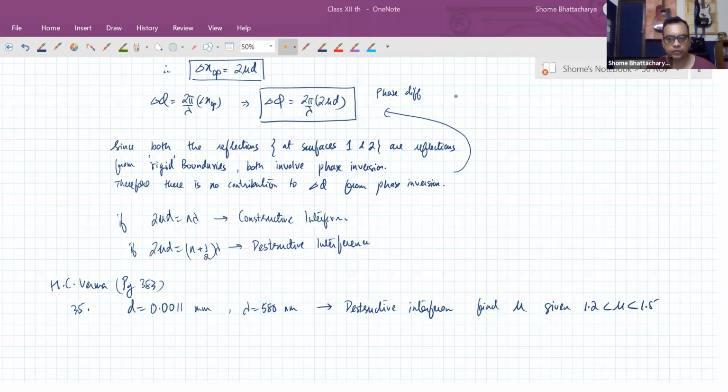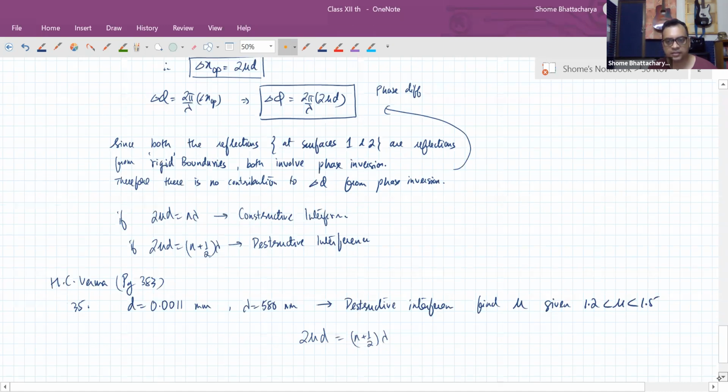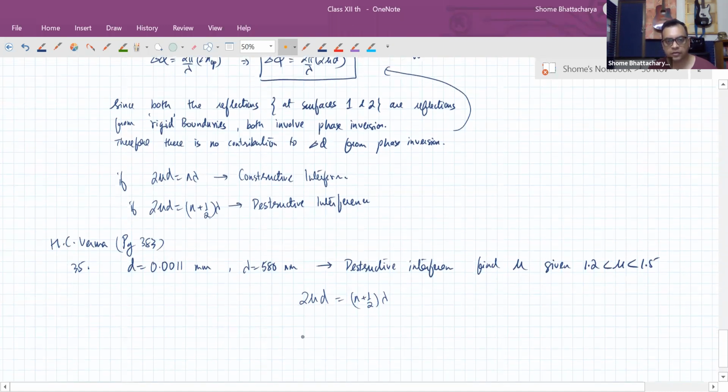Yeah, good, Aditya. So you work this out. Basically, we have to apply the concept that 2 times mu into d is equal to n plus half lambda. So from this, we are getting the formula for mu to be some odd multiple of lambda by 4d.